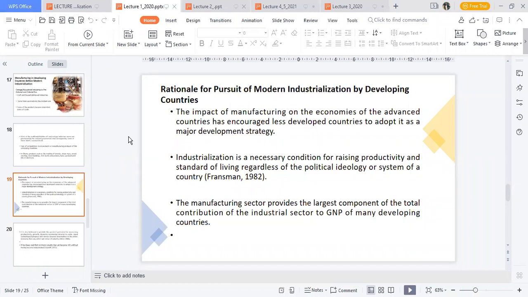So it cancels out, meaning that our GNP will equal our GDP. GDP has to do with anything that we produce in the country. When you factor in Ghanaians living abroad minus foreigners living in Ghana, that's where you get the GNP. So the manufacturing sector provides a very large component of it.